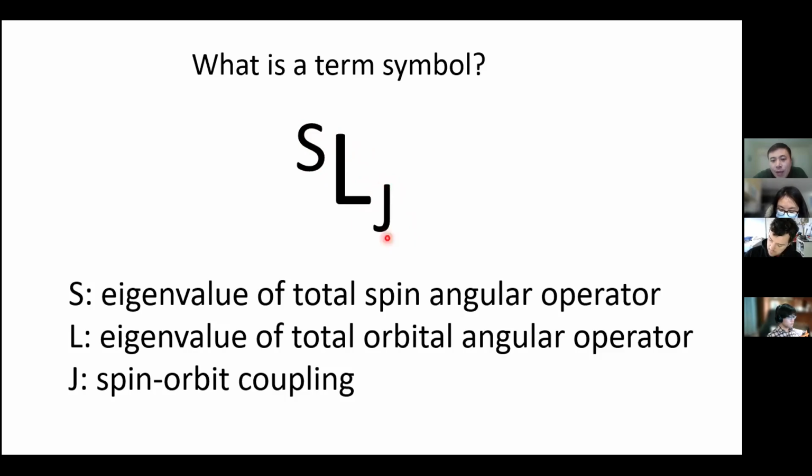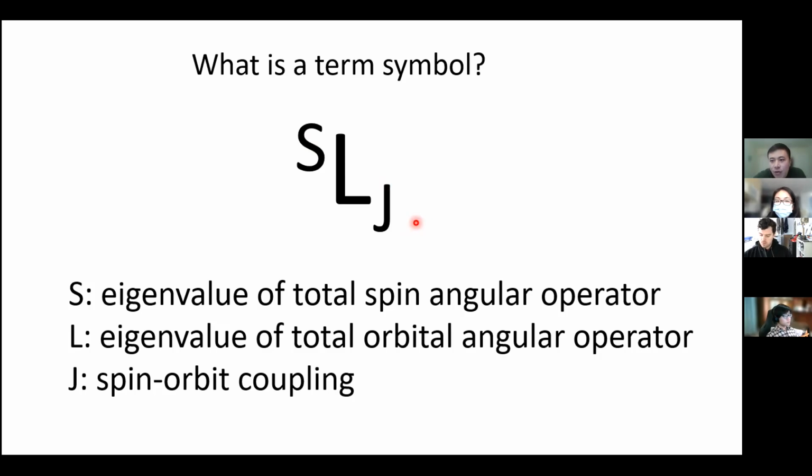J can be regarded as the total angular momentum, because we know the electron has, on one aspect, the orbital angular momentum, and it also has the spin angular momentum. So imagine that we're sitting on a rotating table, but at the same time we also have the freedom to rotate ourselves.